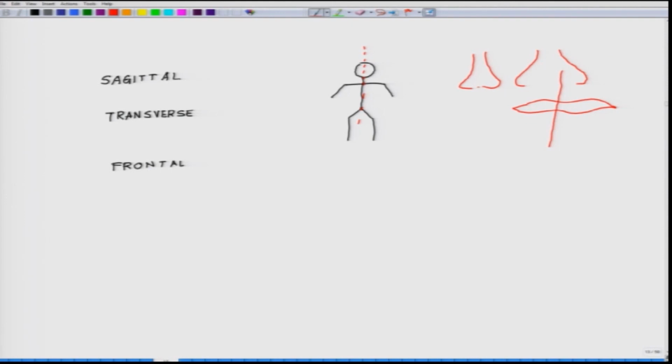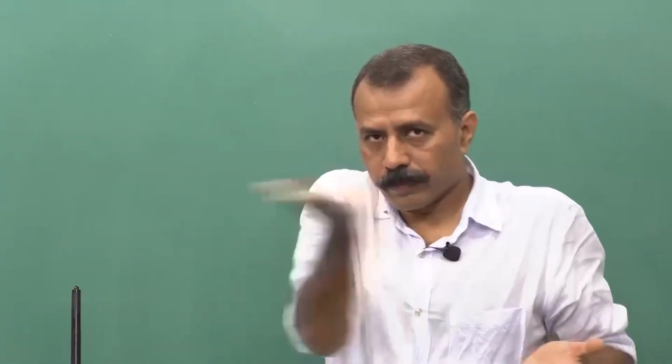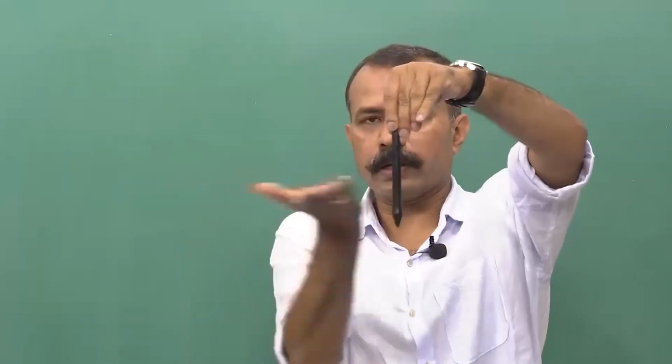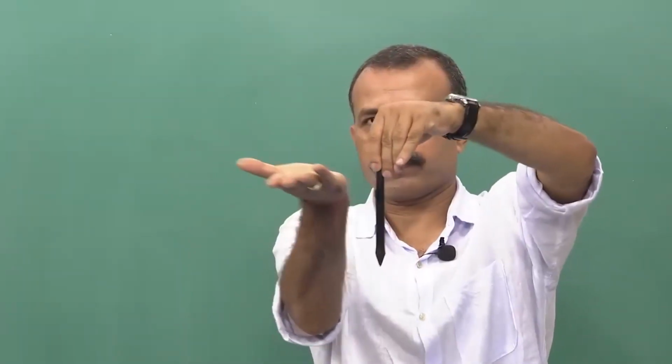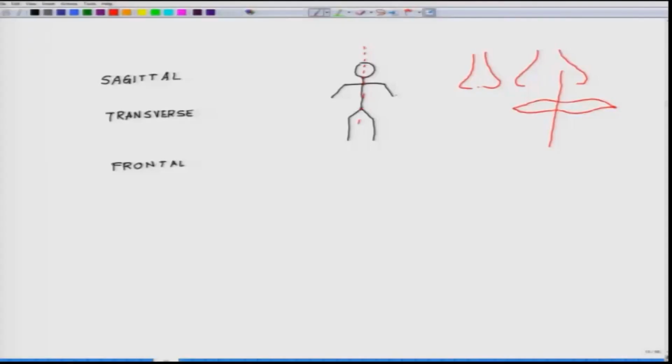Next is the transverse plane. The transverse plane is where you are cutting the system like this. So for example, this is the whole body and you are cutting it like this. That is called the transverse cut.